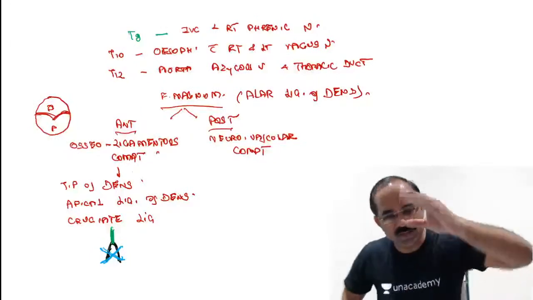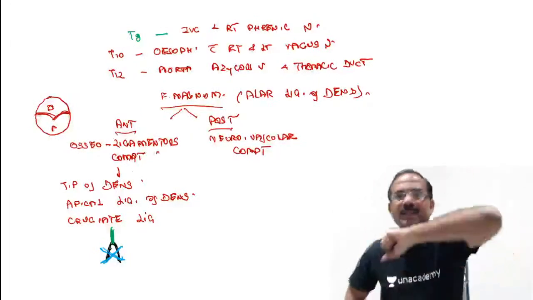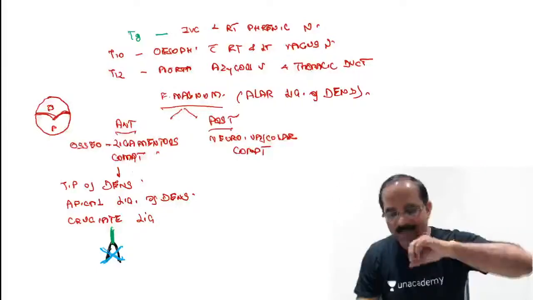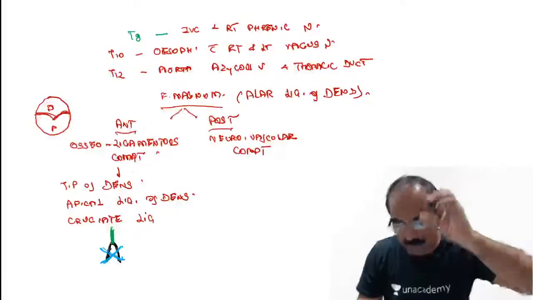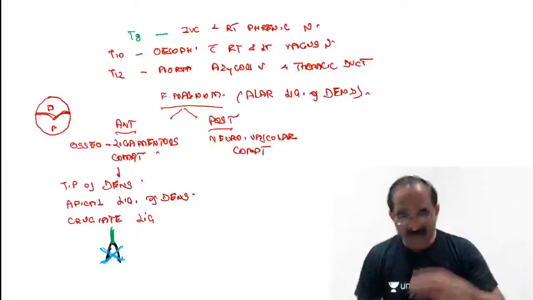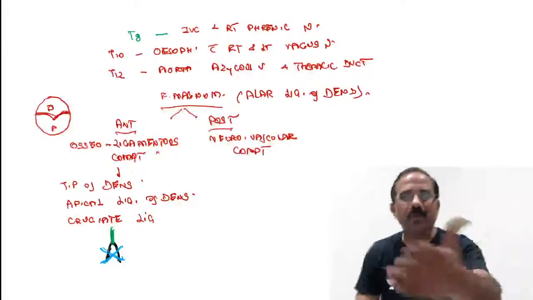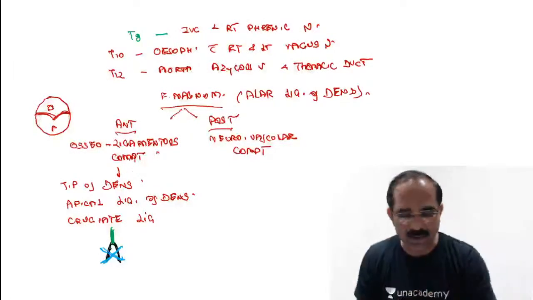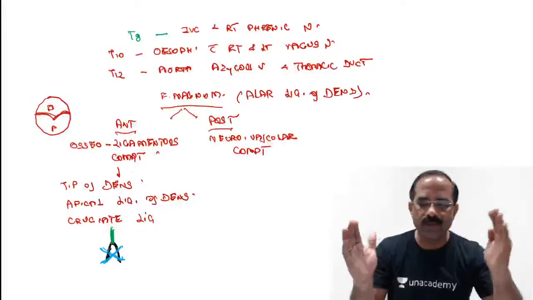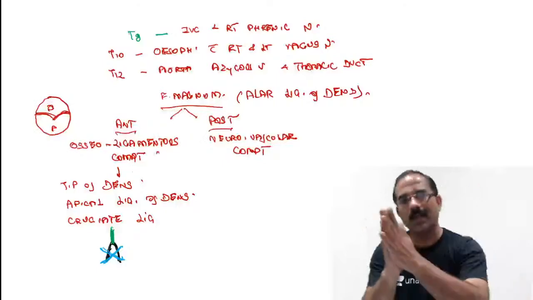Why students, is the dens held so firmly? Because behind the dens lies the medulla oblongata. This medulla contains many important centers of respiration and circulation. If the dens gets dislocated, it goes and hits the medulla behind.